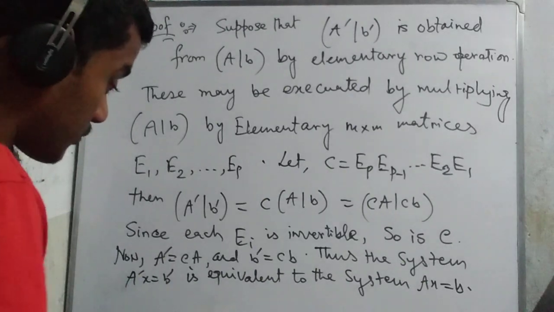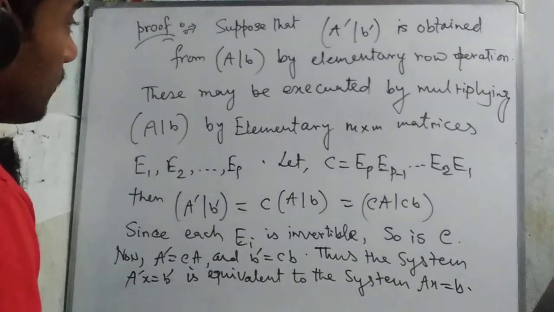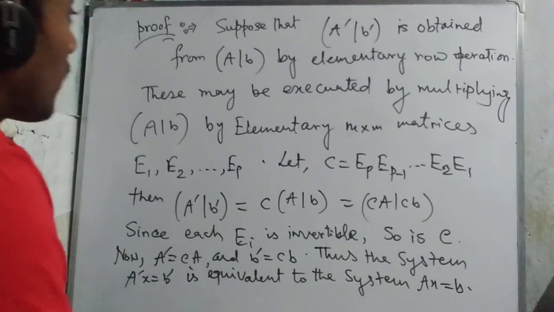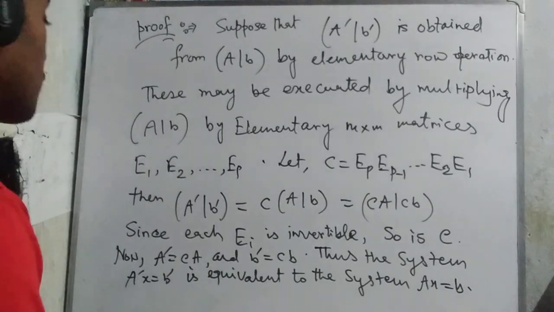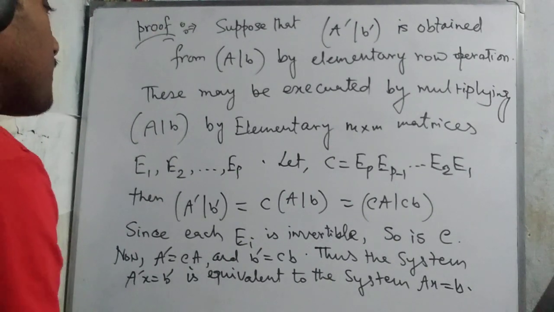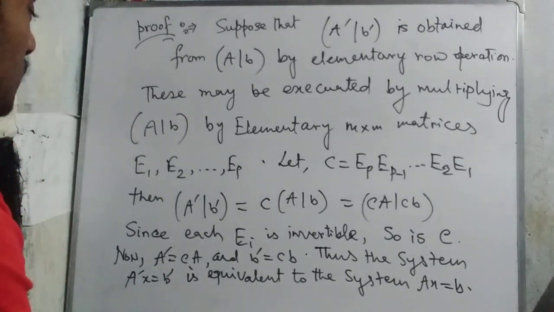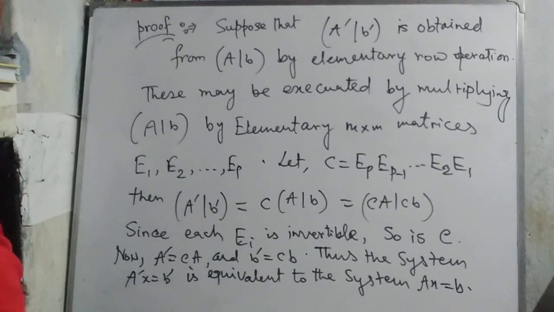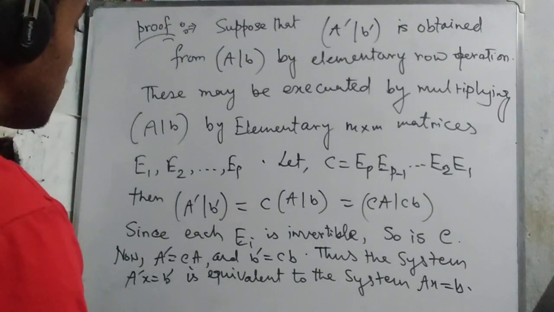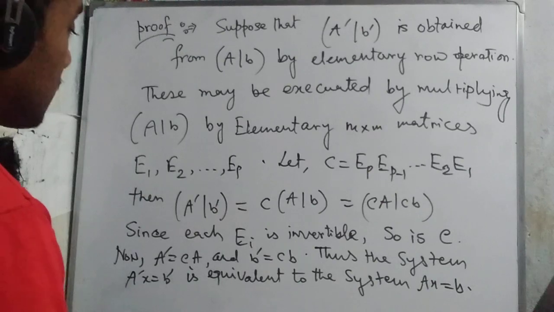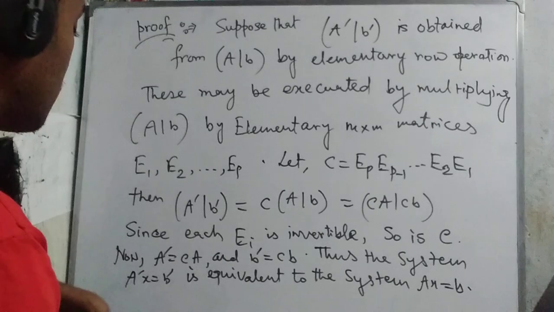That means we also discuss this one. If A dash augmented B dash is obtained from A augmented B by elementary row operations, then these two systems are equivalent. Not a problem at all. We just multiplied by these elementary matrices, and obviously we get CA equal to CB, and each Ei is invertible, so C is invertible.